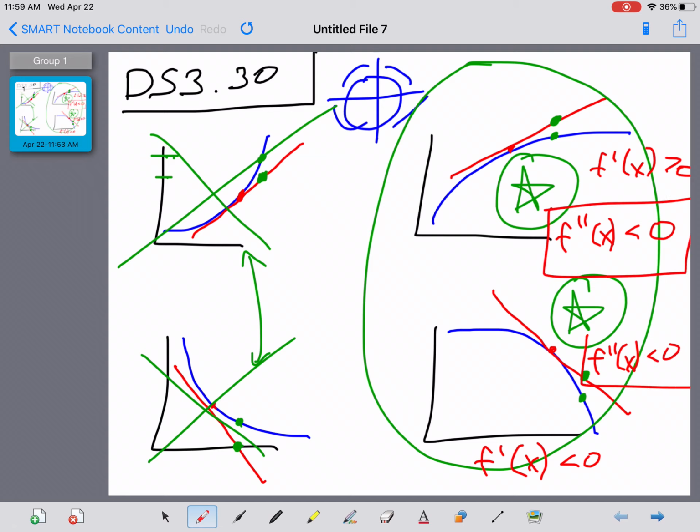So that seems to be the defining characteristic here as to whether or not a linear approximation was going to be too high or too low. When our curves are concave down, our local linear approximations are going to be greater than or equal to the real value. So our answer here for number 30 is going to be C.